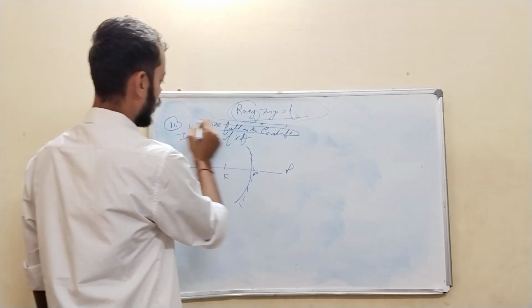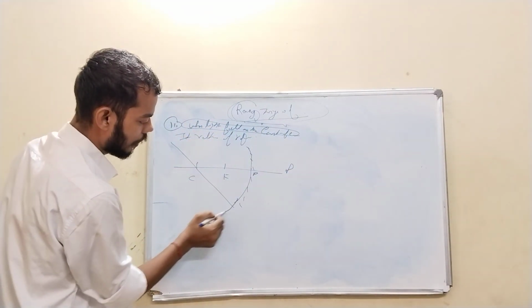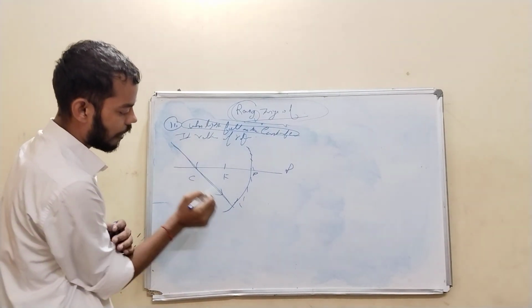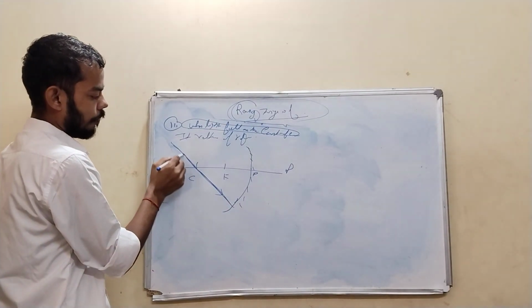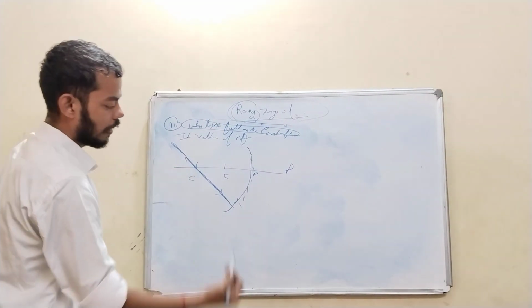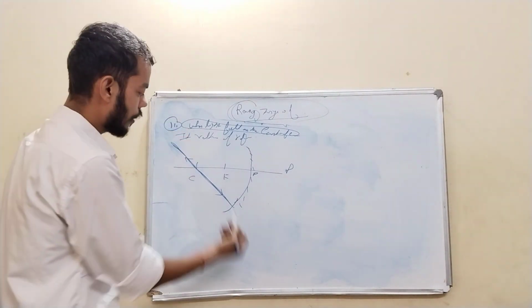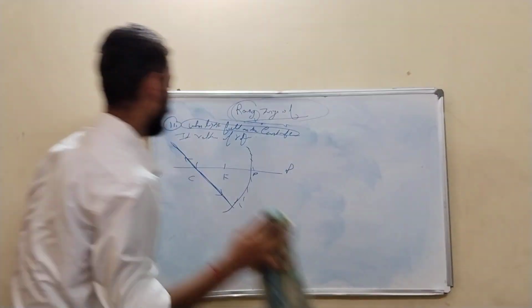When light falls on the center of curvature, after reflection it bounces back or retraces its path, or you can say it goes back along the same path. This is the third rule.